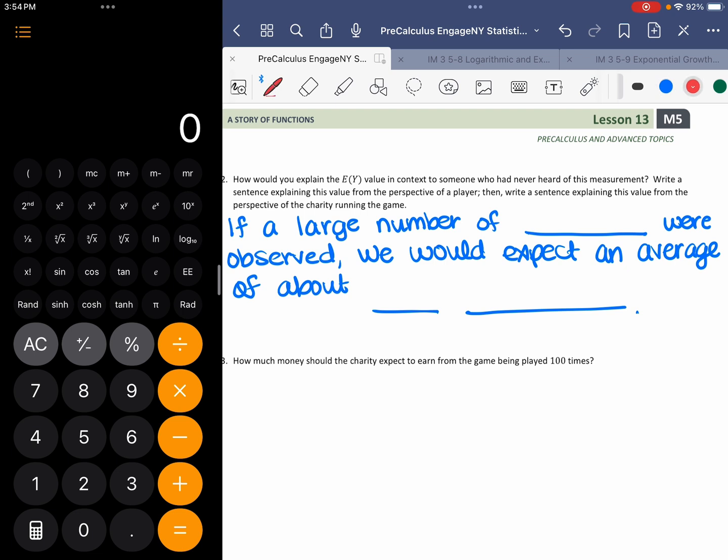And I'm just going to color code this sentence. If a large number of, we're playing this duck game, right? That is our game that we're playing. We're going to start from the perspective of a player. If a large number of duck games were observed, we would expect an average of about, and I might say, 75 cents lost by the player per game.